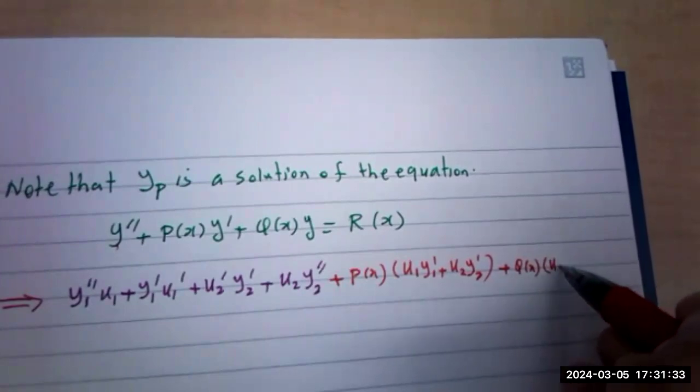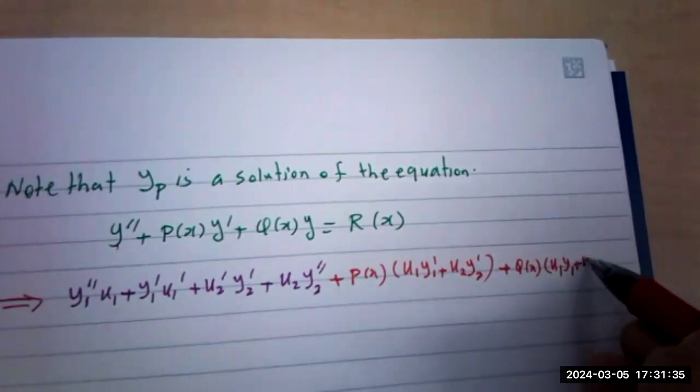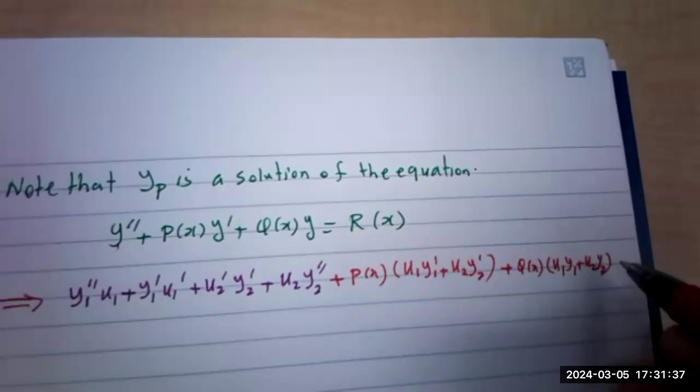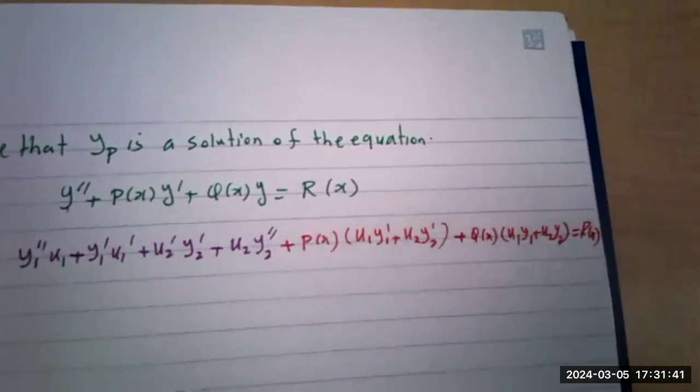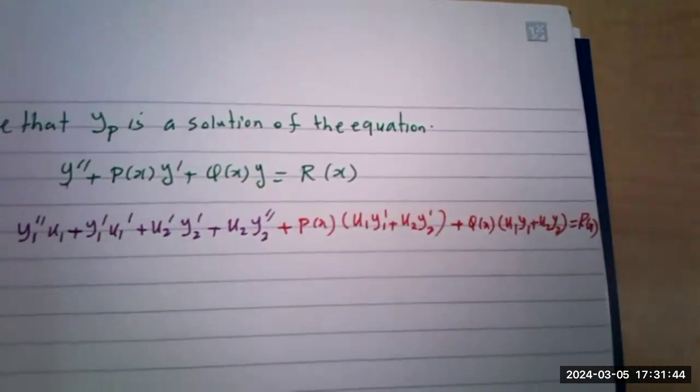What's the y_p? u1 y1 plus u2 y2, and this must be equal to r(x). Okay, so we substitute. We plug in all the y_p, y prime, and the y double prime.